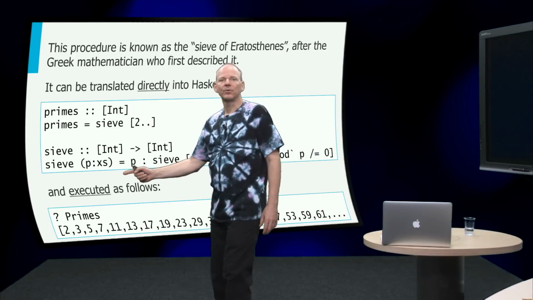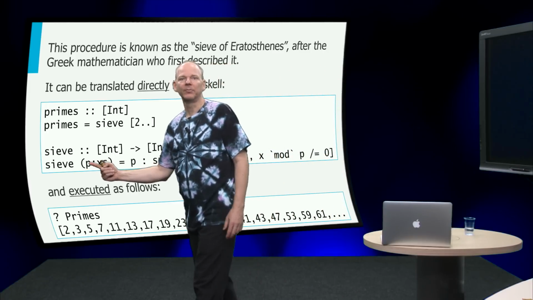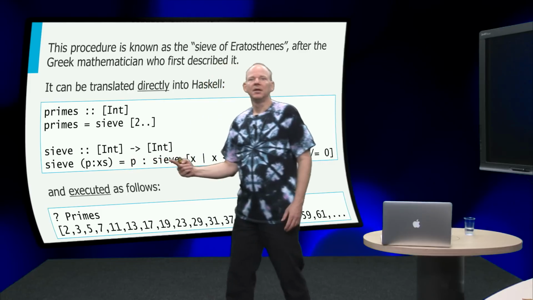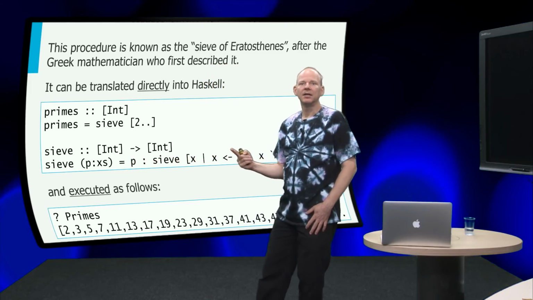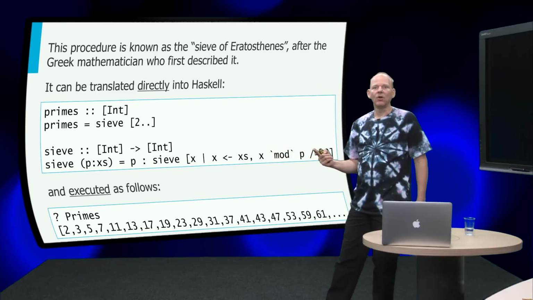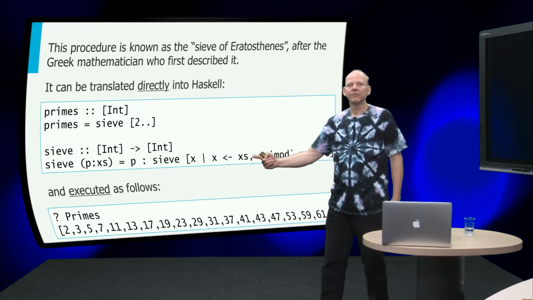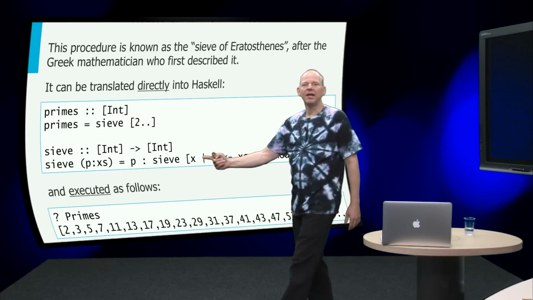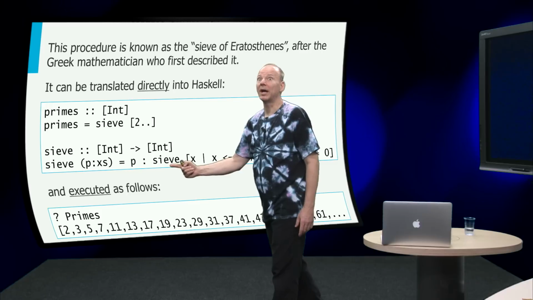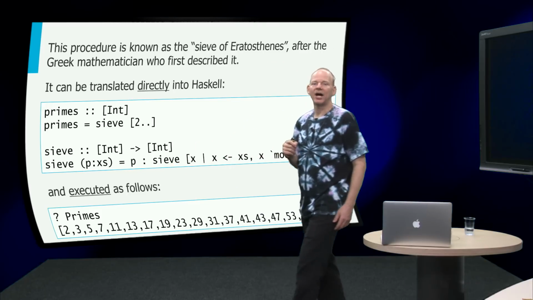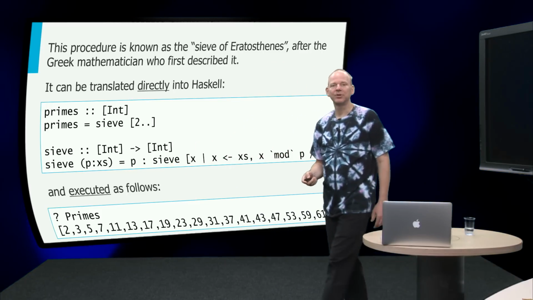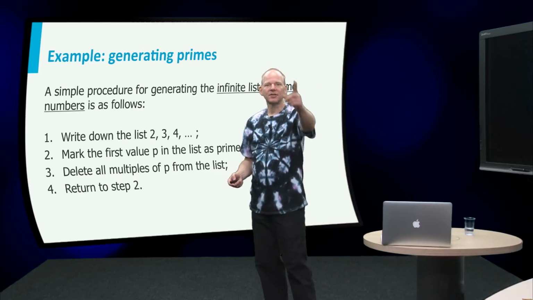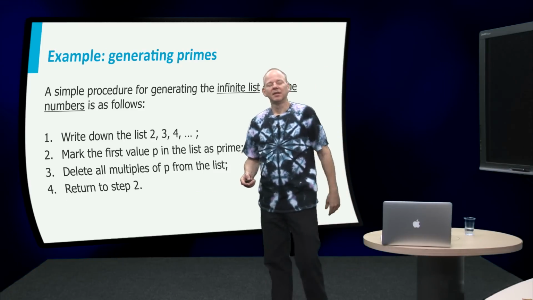So how does a sieve work? Well, we start with the first number in the list, that's a prime. And what we do is we return that number, and then we say, throw out all the multiples of p from xs, and then recursively go back to step 2, sieve out all the numbers from there. Isn't that beautiful? I mean, here's a quite imperative description.